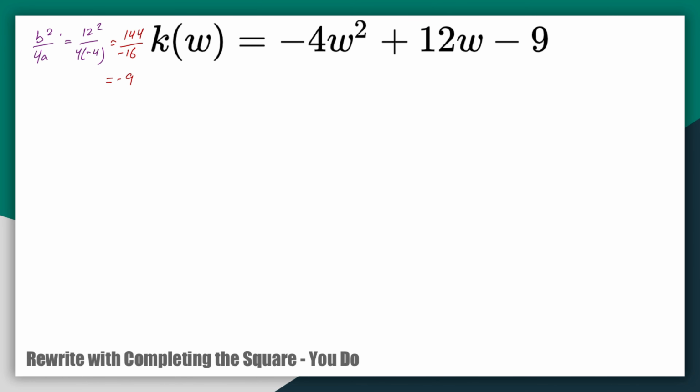Now, in the previous problems, we were always told to add to both sides, right? Well, now we're adding a negative, so it's kind of like minusing to both sides. So we're going to have 0 minus 9 is equal to negative 4w squared plus 12w, and then we'll have to minus 9 right here, and then we have another minus 9, okay?